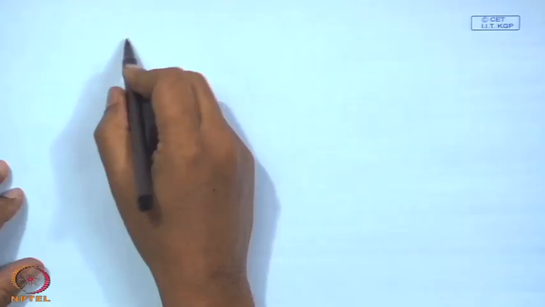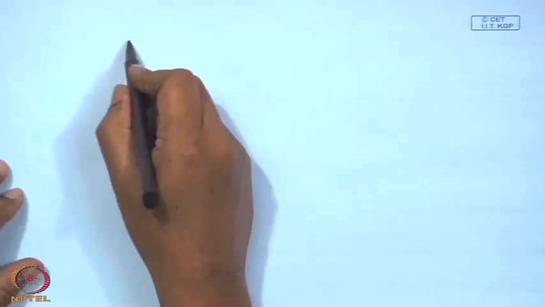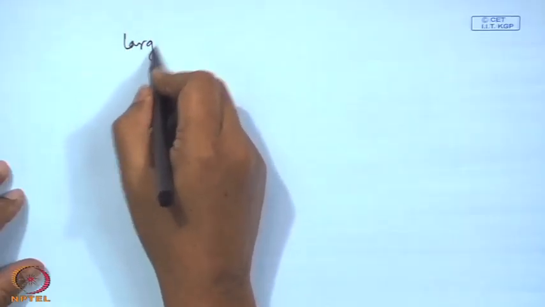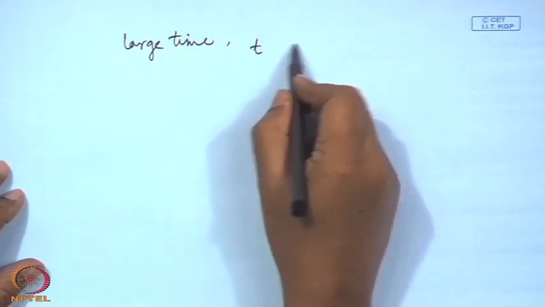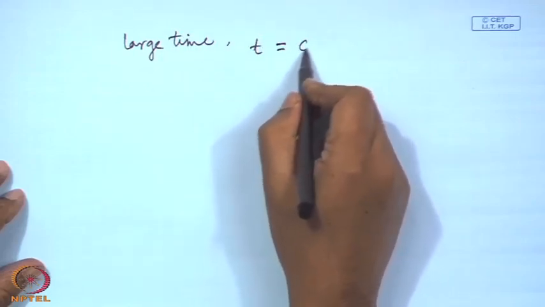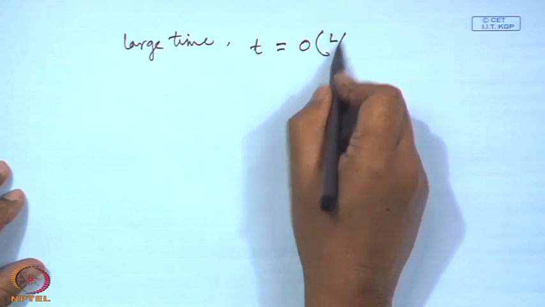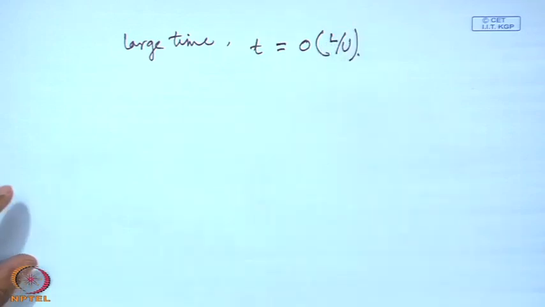So, by large time we mean time t is of the order of L by U, where U is the free stream velocity U infinity.